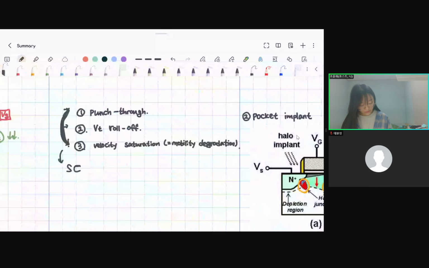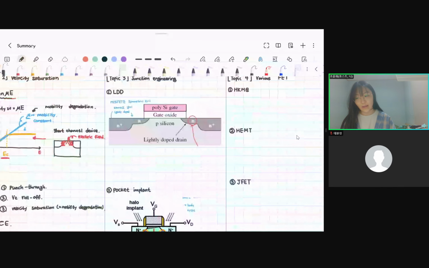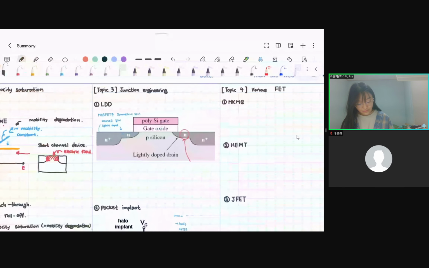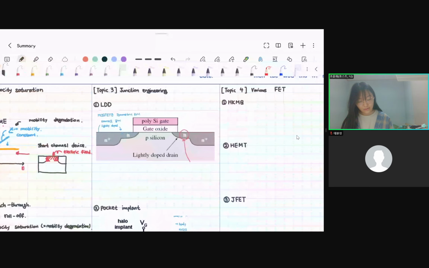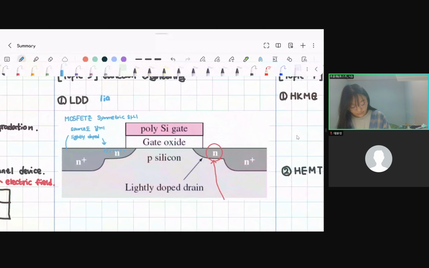So how do we reduce this short channel effect? We can reduce it by using two types of junction engineering. The first is the lightly doped drain.